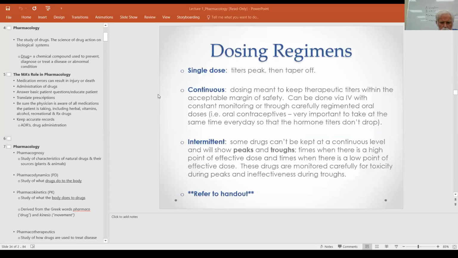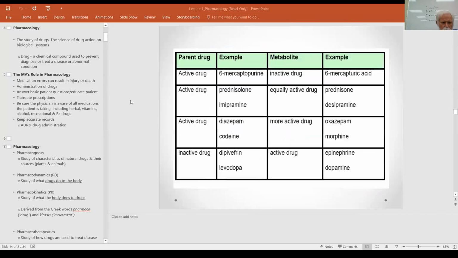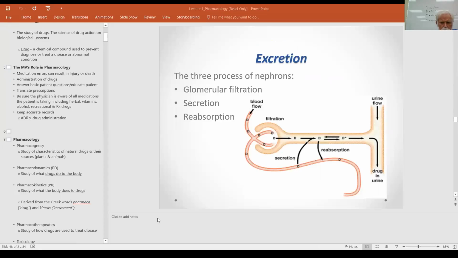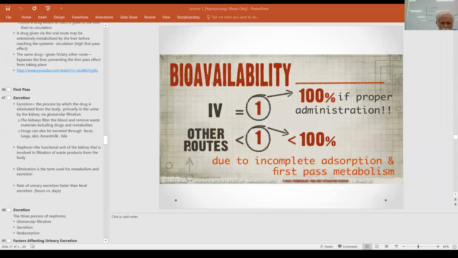There's a lot of terminology, and there's a lot of information in that PowerPoint. It's probably worth looking over. It is rather lengthy, but it does have a lot of good information.